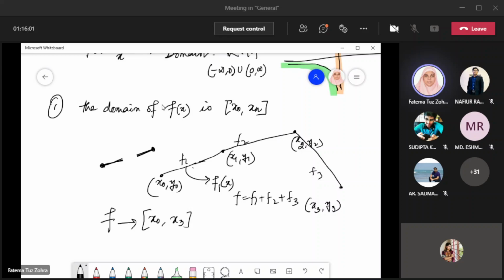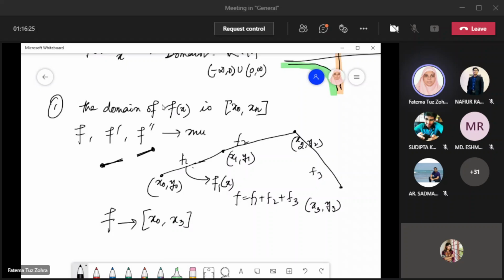Is that okay? So the next condition is all the functions must be continuous. All the functions, that means f, f prime, f double prime, they must be continuous. So what does it mean? This function f is continuous.